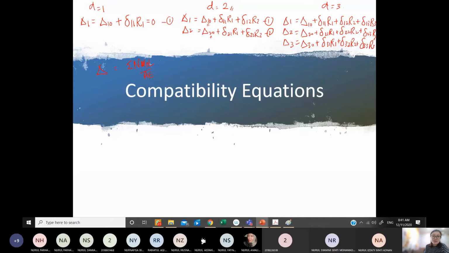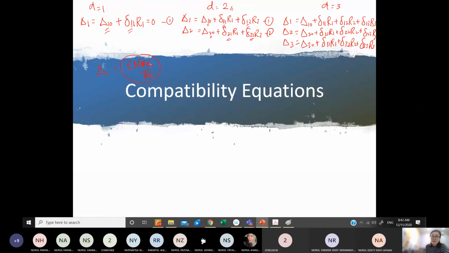Now we are going to use this formula as well to determine all these deltas. All these deltas are displacements at a certain location, at your primary structure, at your redundant structures. So now we are going to try one.